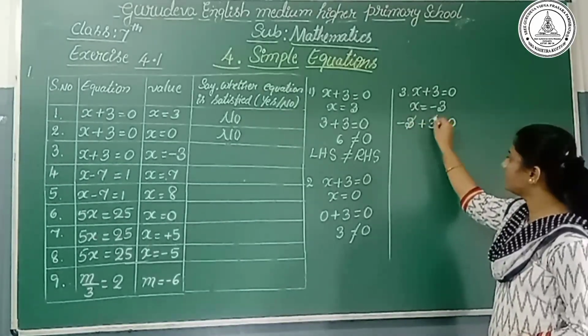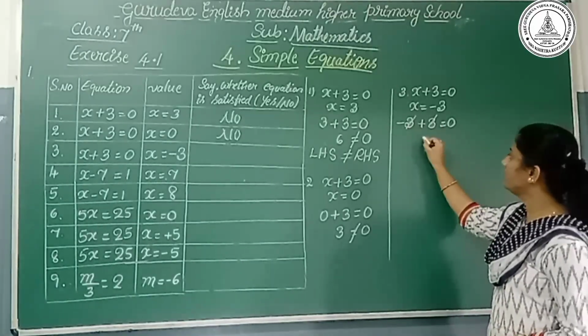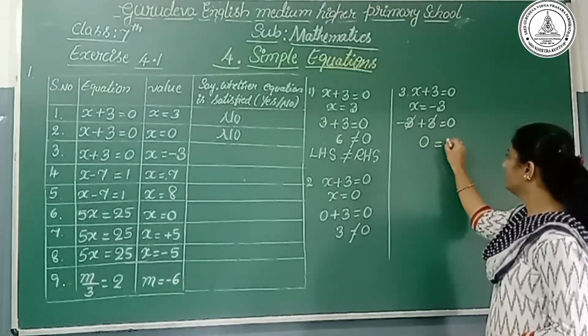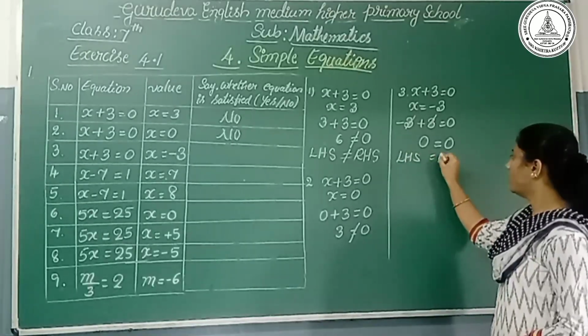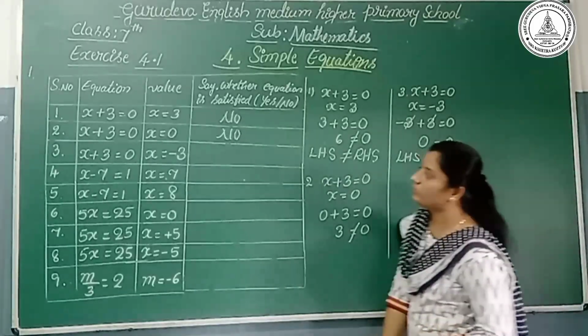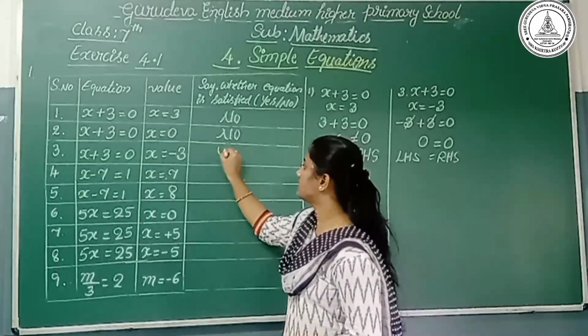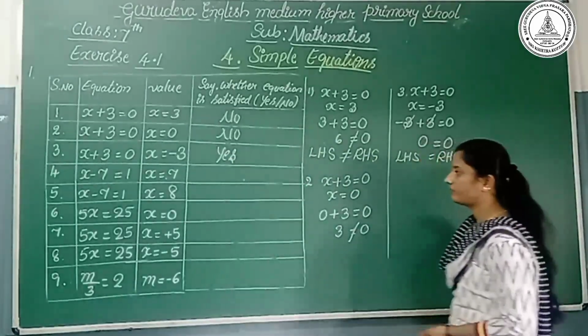So plus 3 and minus 3 get cancelled, or we can also add: minus 3 plus 3 is 0, which is equal to 0. Yes, now LHS is equal to RHS. Therefore the given equation is satisfied for the value x equals minus 3. So it is satisfied, and we write yes.